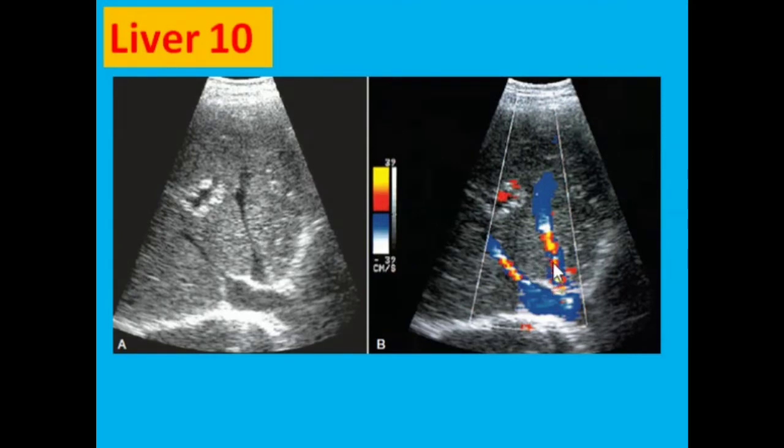But there is some color aliasing from the rapid velocity flow through the points of narrowing. So this is to be interpreted as narrow hepatic veins.